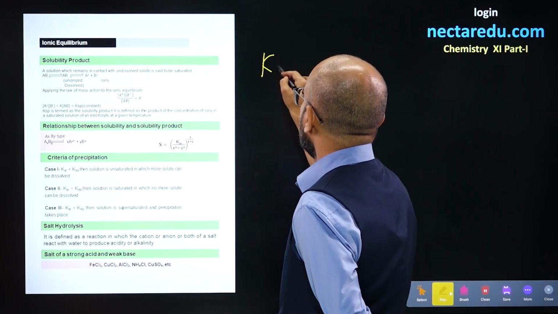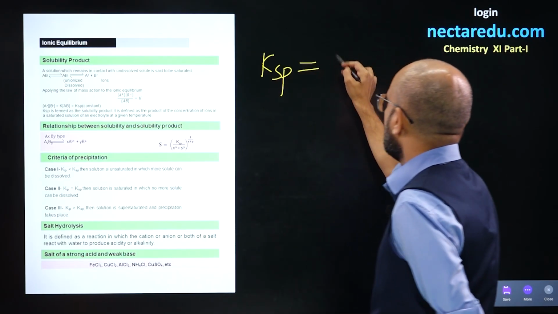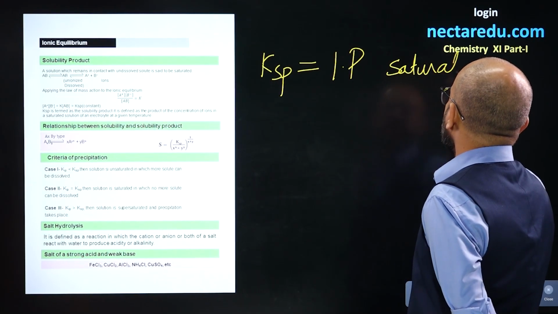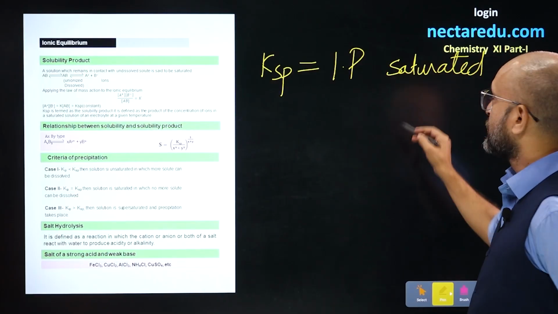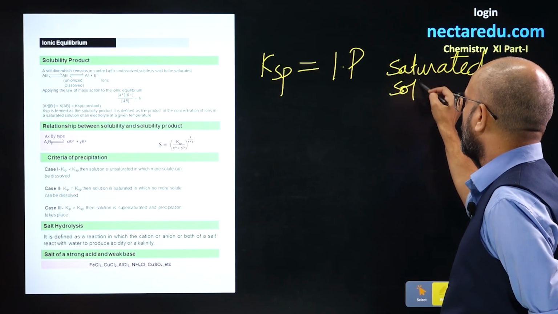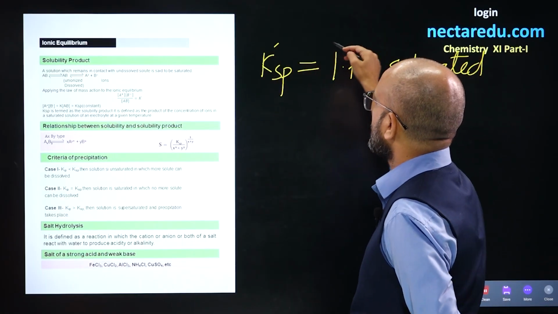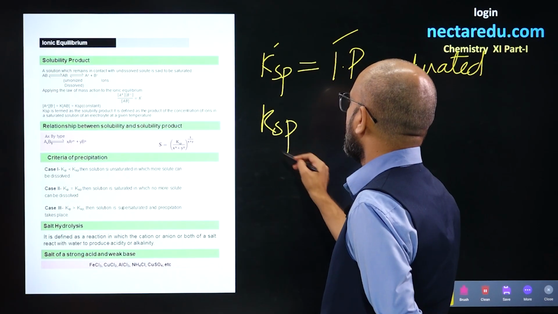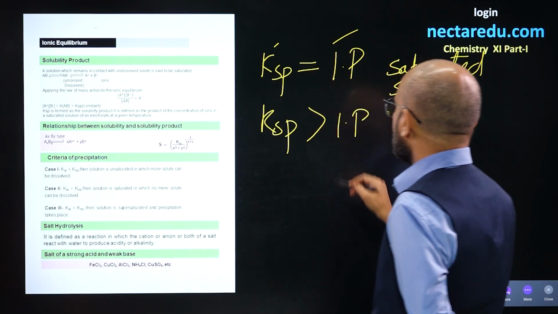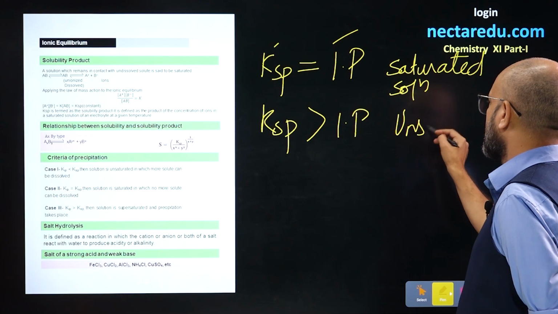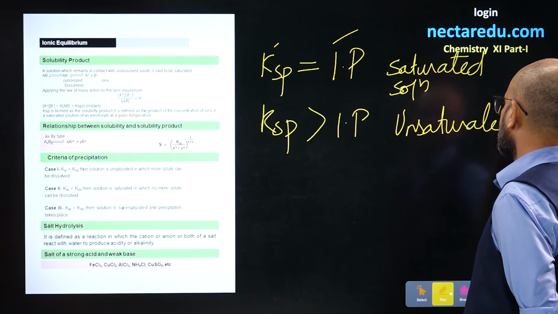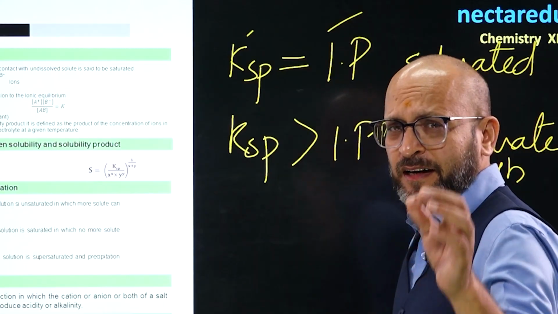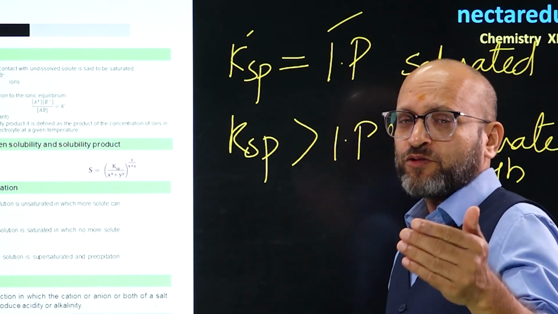Solubility product equals ionic product for a saturated solution, a solution in which no more solute can be dissolved. Next, if Ksp is greater than ionic product, such a solution is known as an unsaturated solution, right? And what is a solution which is known as a supersaturated solution?